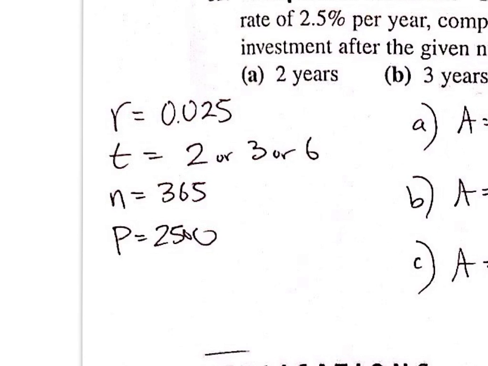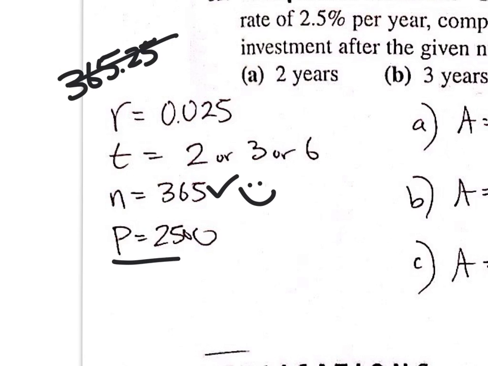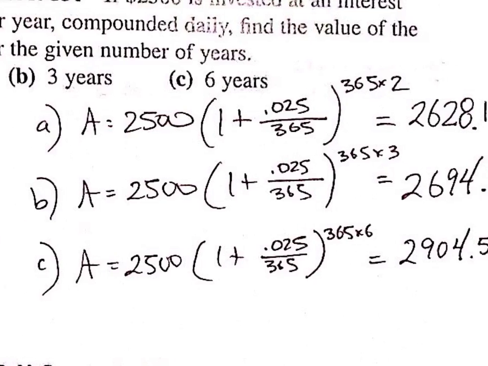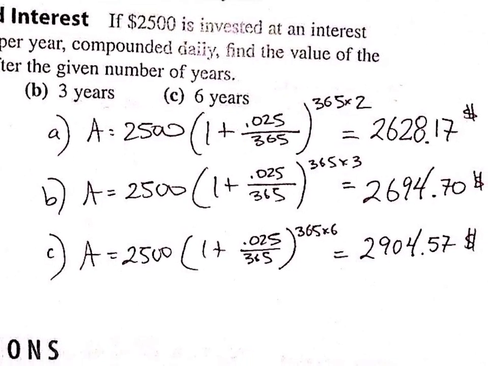And, you know, there's that whole leap year thing. Some people get super technical, and they're like, well, actually, the average year has 365.25 days, because every 4 years we have a leap year, but we can use 365. That's good. And the principal or original amount is $2,500. So each of those setups looks like this.